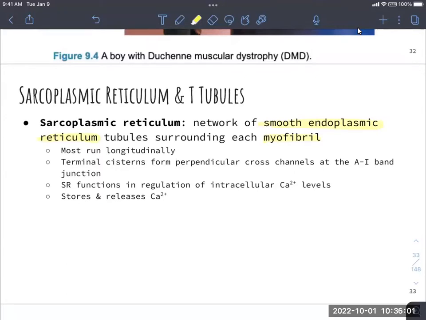We have perpendicular cross channels at the A-I band junction. That sarcoplasmic reticulum, as I said, stores calcium, but it also releases calcium for muscle contraction. So it's part of the regulation of calcium inside of the muscle cells.